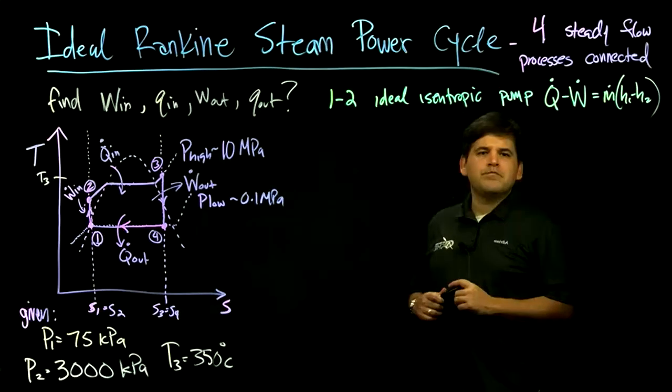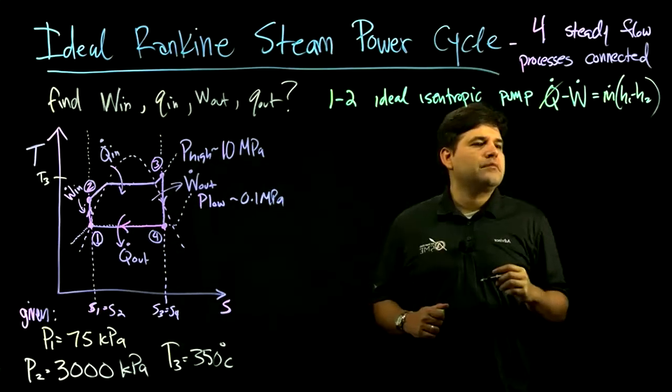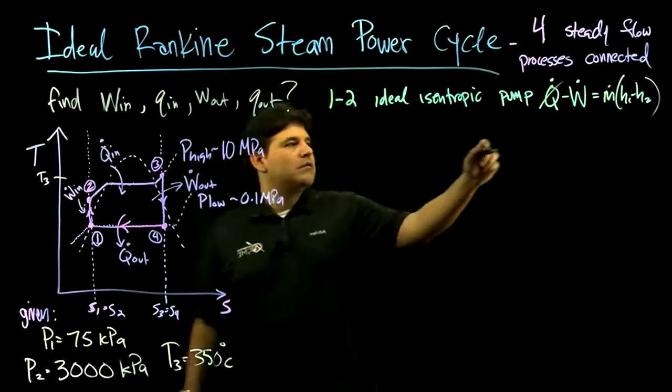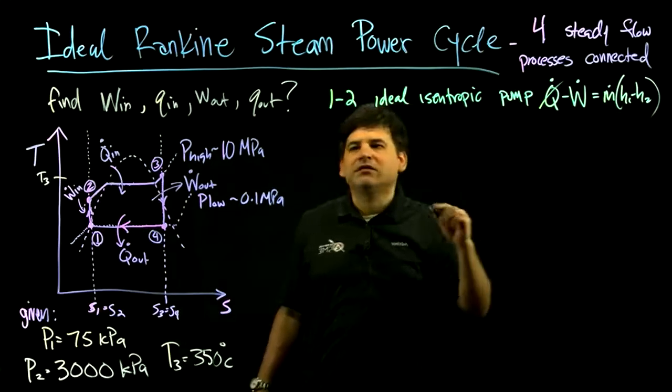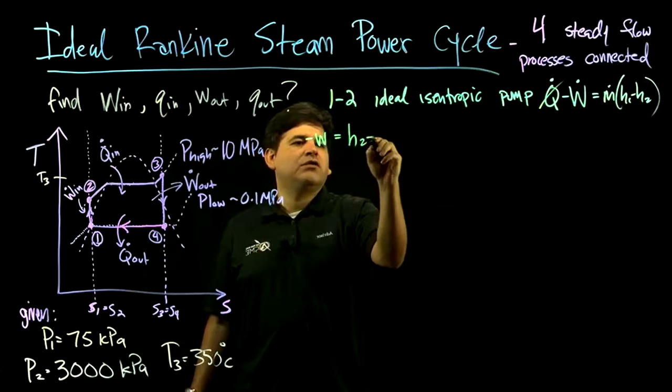And if it's ideal, there's no heat transfer. We don't know the mass flow rate, so let's cancel out the mass flow rate. So this would be negative W equals H2 minus H1.